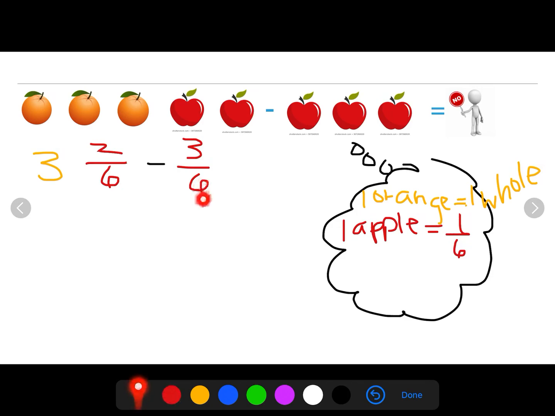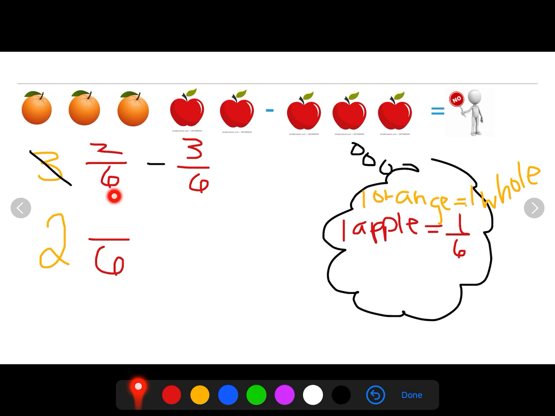I know I cannot take away 3 apples from 2 apples, or 3/6 from 2/6. But I can borrow 1 orange, which is equivalent to 1 whole, and now I would be left with 2 oranges. If I give my apples, or my 2/6, 1 whole, how many sixths would I have altogether?